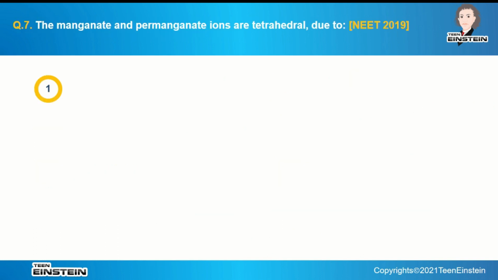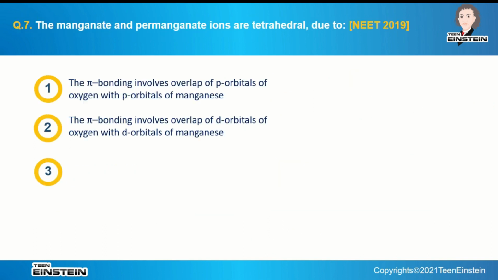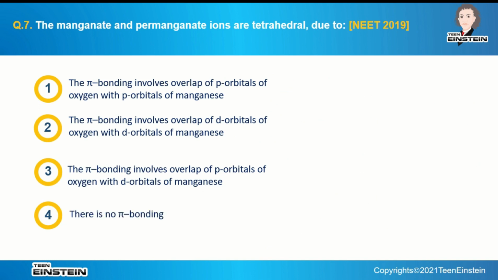Next, move on to the 7th question. The manganate and permanganate ions are tetrahedral due to. So generally tetrahedral is a shape that results when there are 4 atoms and no lone pair electrons around the central atom in the molecule. So which possess tetrahedral shape. So here we see the structure of manganate.